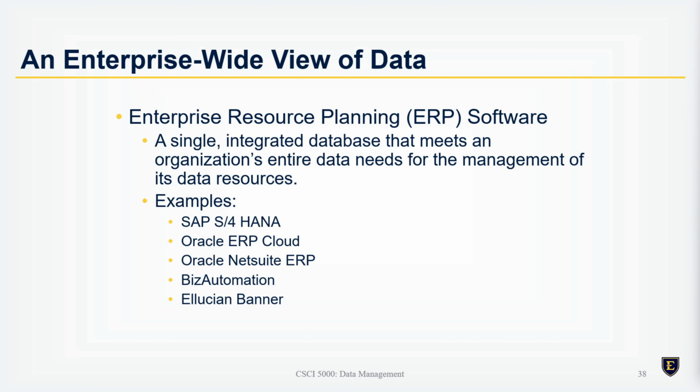There are some examples: SAP HANA, the Oracle ERP Cloud, NetSuite ERP, Biz Automation. I mentioned Epic previously. That is an ERP for medical records. So there are lots and lots of these enterprise resource planning software systems that are important to us.